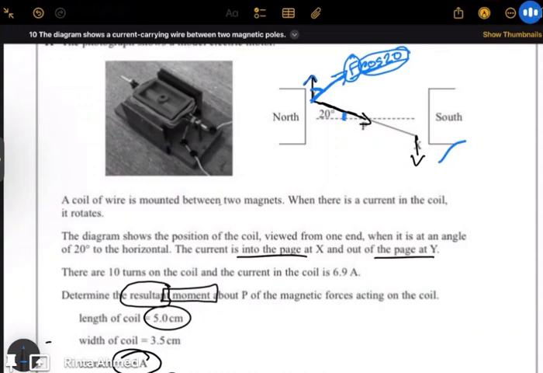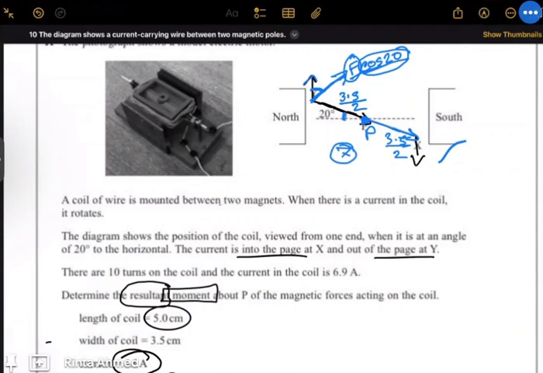Okay. And let's find out the distance part. We all know the whole length of the coil is 7. So up to this point P, which is our pivot, it will be 3.5. No, actually it is overall 3.5. So this will be 3.5 by 2, and this will be another 3.5 by 2.